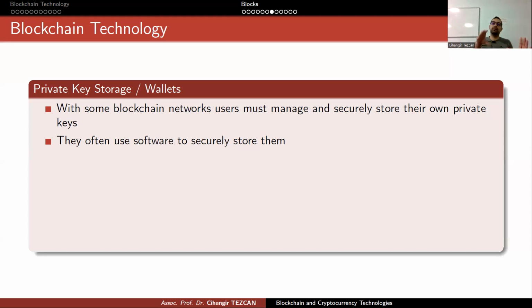Because recall that in the elliptic curve digital signature, we use the number D, which you randomly choose, and that is your private key, right? So in my example, I show you how to encrypt it. Maybe some wallet software give you some data which would only be used to derive that private key. That is a different thing, okay? You have to check the white paper and see what they are doing, okay?